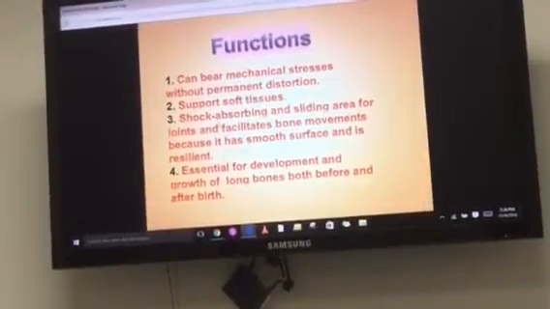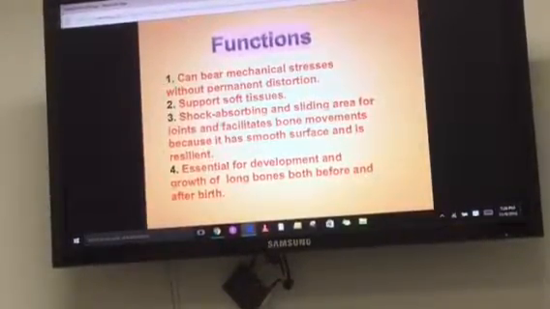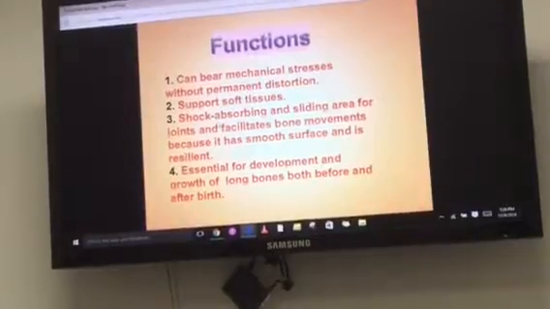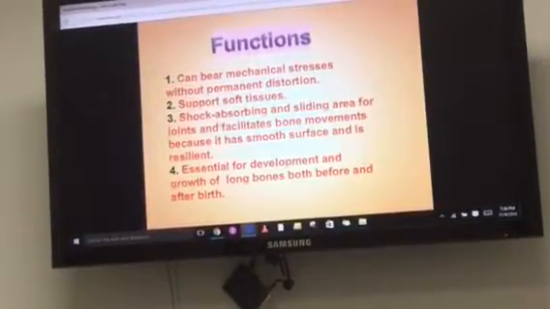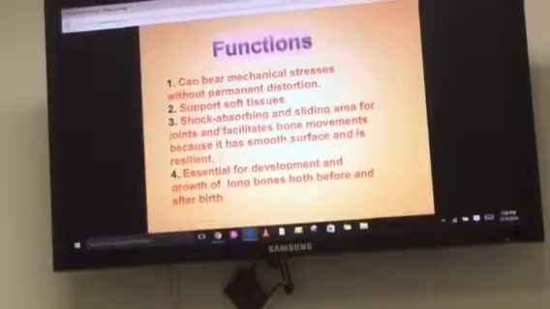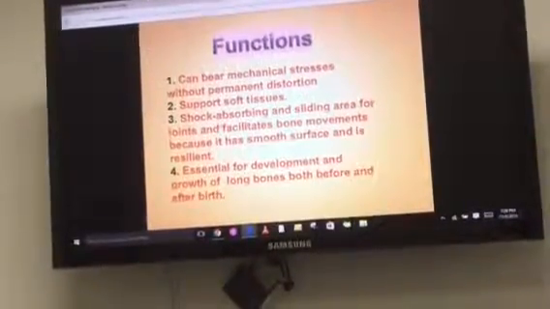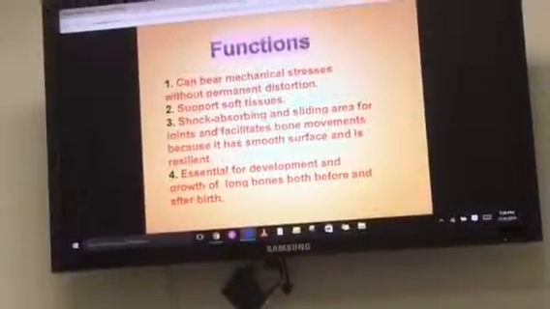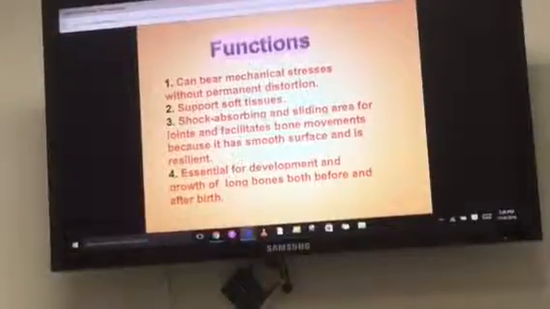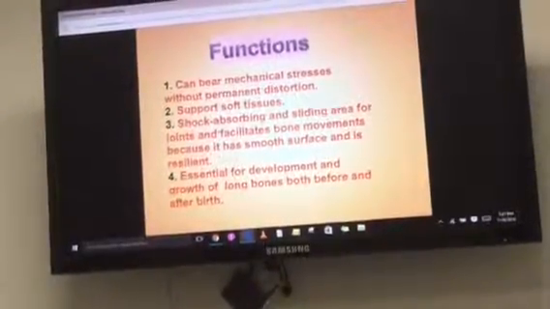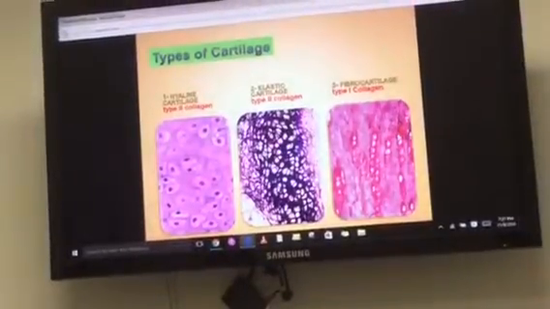Its function is that it can bear mechanical stress without permanent distortion, support soft tissue, shock absorbing, and sliding area for joints, and facilitate bone movement because it has a smooth surface and is resilient. Essential for development and growth of long bones, both before and after birth.